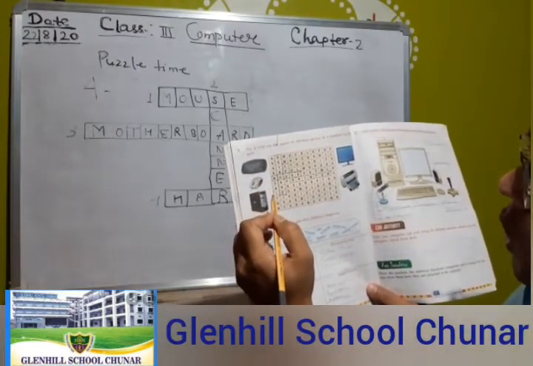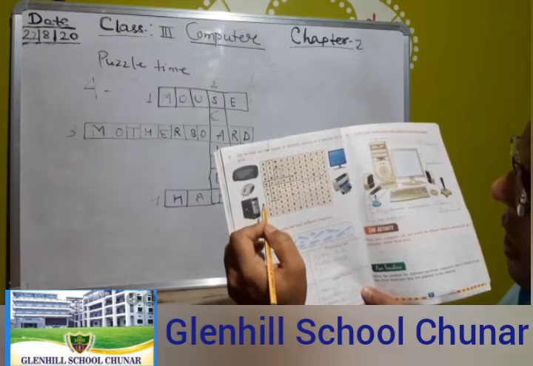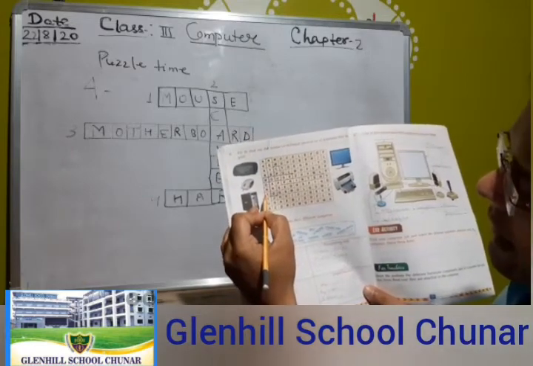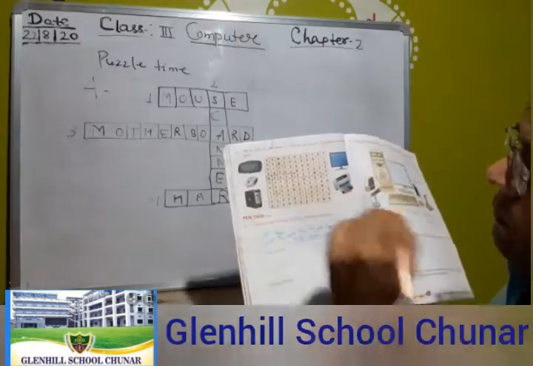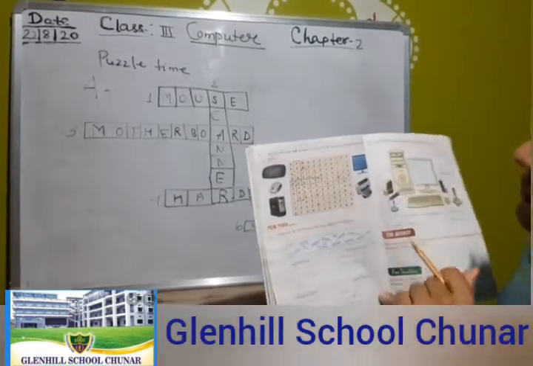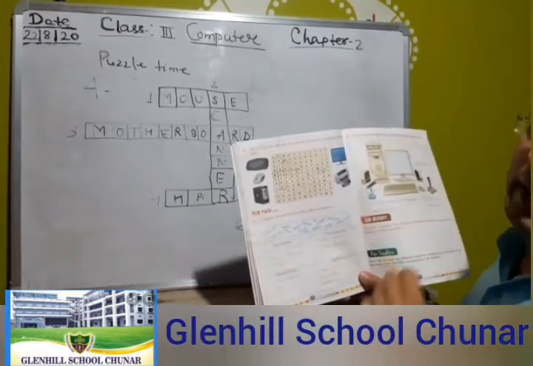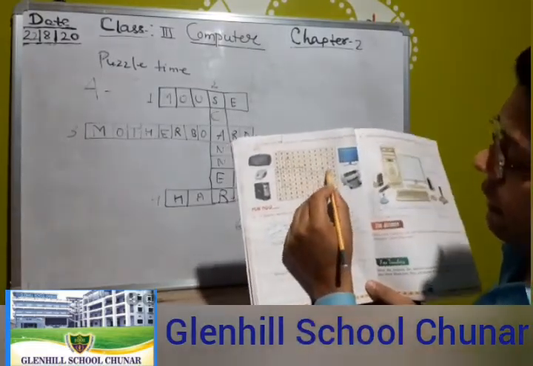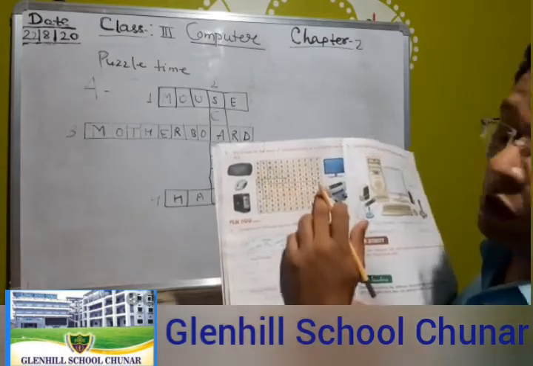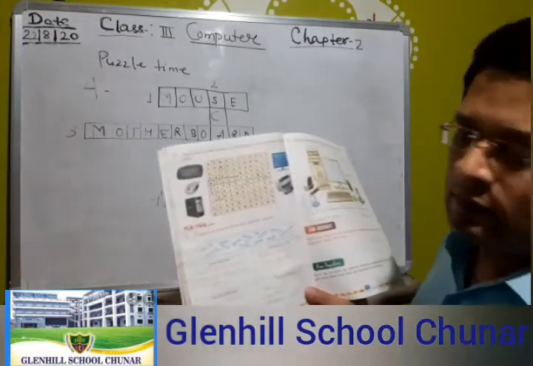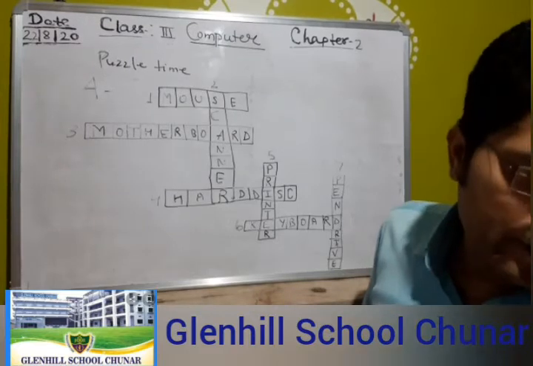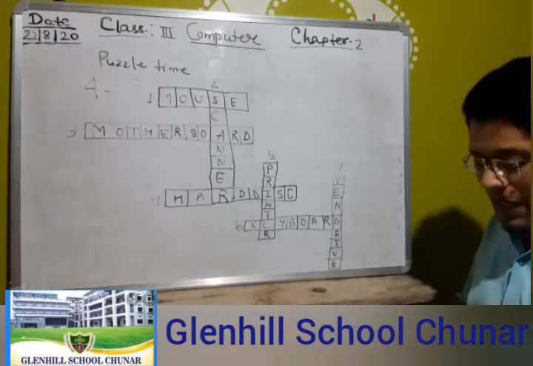Monitor. Yes, here. MONITOR. Okay, monitor in the first column. And last, printer. So printer, look here. So just circle the box. Okay, student? Clear? Puzzle sections A and B are done.